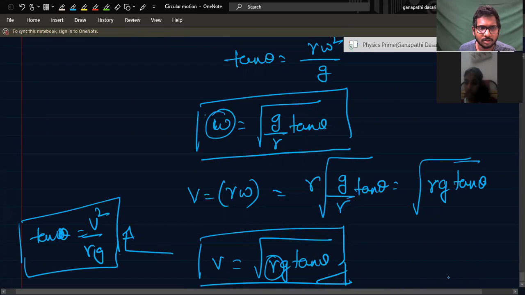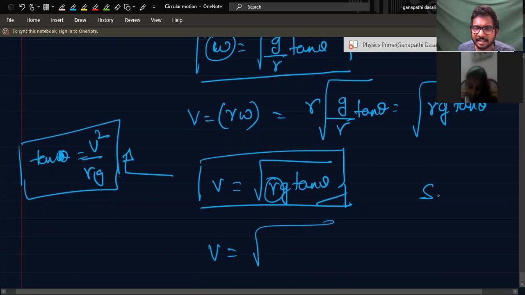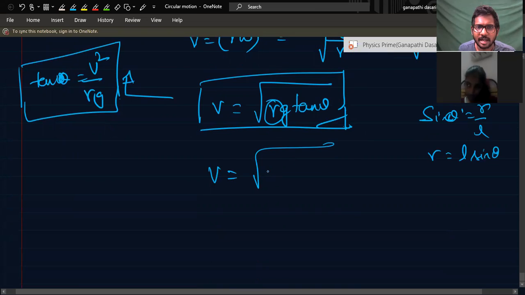I'm understanding, sir. Okay. Velocity is equal to root r g tan theta. V is equal to root over, sin theta is equal to r by L. That means r is equal to L sin theta, right? Yes, sir. Then L sin theta into g into tan theta.